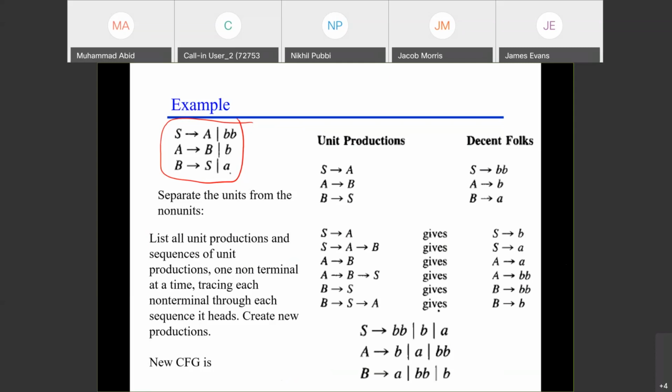Yes. How many unit productions does it have? 3. 3. Does this grammar represent a regular language? Yes. Perfect. Because all are semi words. So now this is good. I'm very happy that you guys understand this.